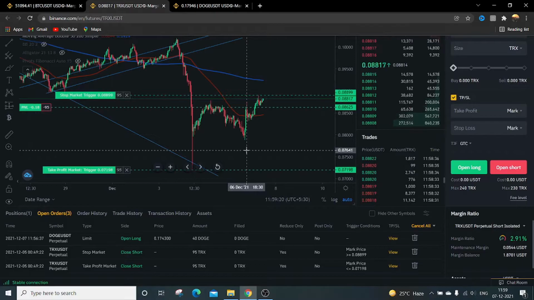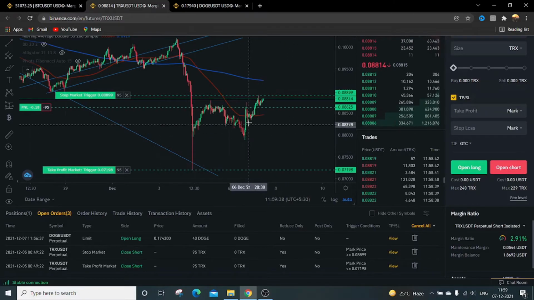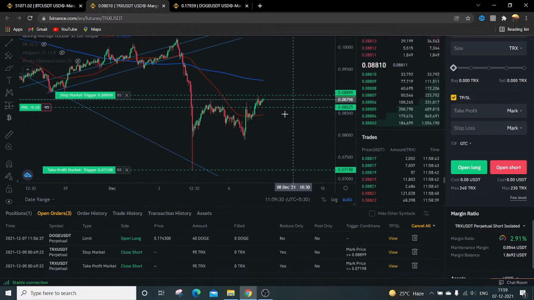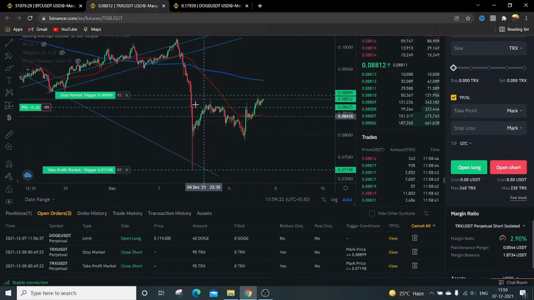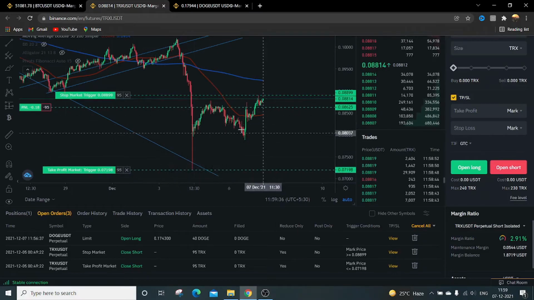So this is the advantage of single order placing. Simultaneously you can place the 3 orders, this order, the stop loss, and the take profit. This is the whole scenario of the short position.